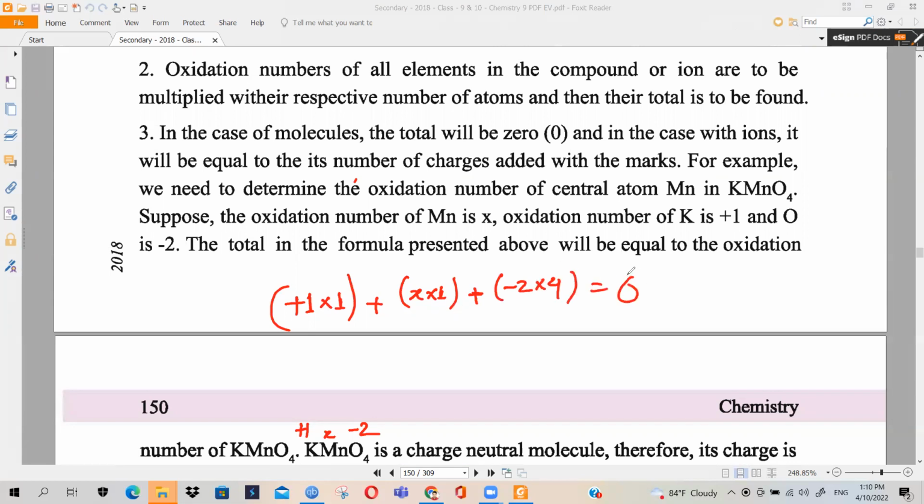So 1 plus X minus 8 equals 0. That gives us X minus 7 equals 0, X equals 7. So the oxidation number of manganese here will be plus 7.